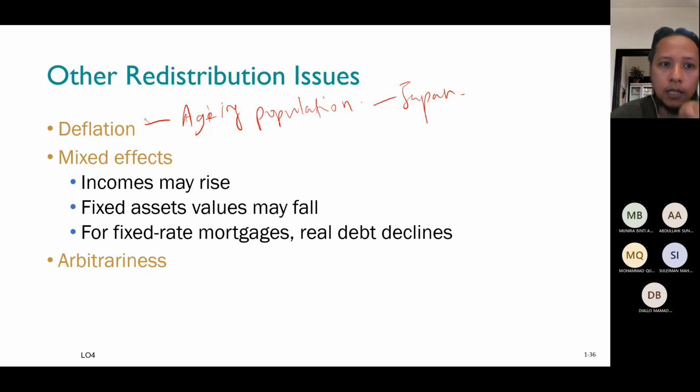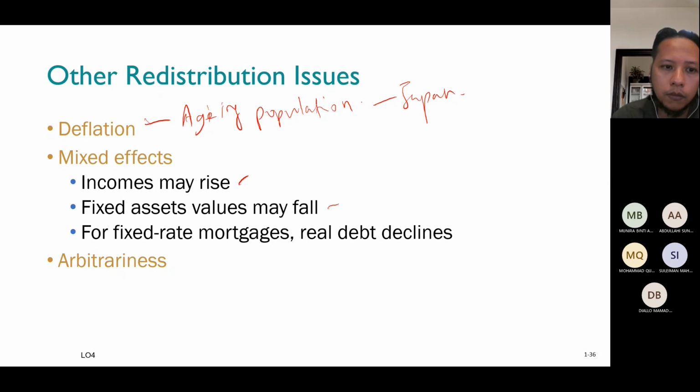So in the case of deflation, basically the income may also rise. When prices go down, the real income, the purchasing power that you have from your wage or your earnings, may increase. So there is that income improvement, and also fixed asset value may fall. Like property I just mentioned, the value may fall as well.